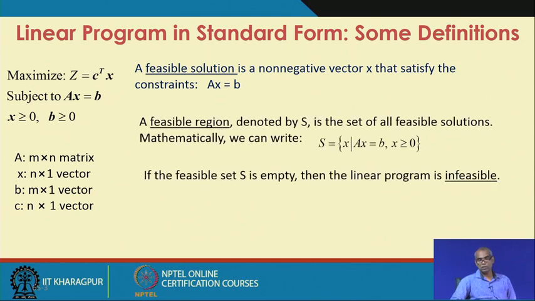A feasible region denoted by S is the set of all feasible solutions. So, mathematically we can write S equal to x such that A x equal to b, where x is greater or equal to 0. If the feasible set S is empty, then the linear program is infeasible.